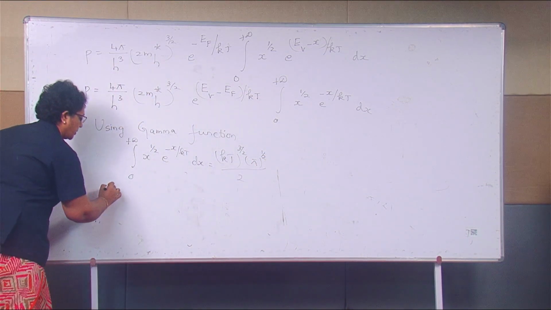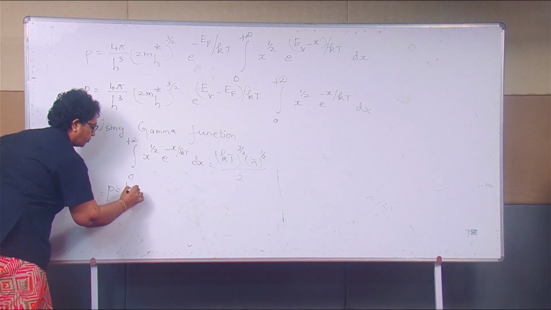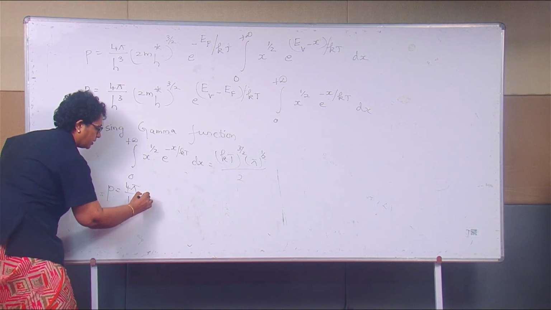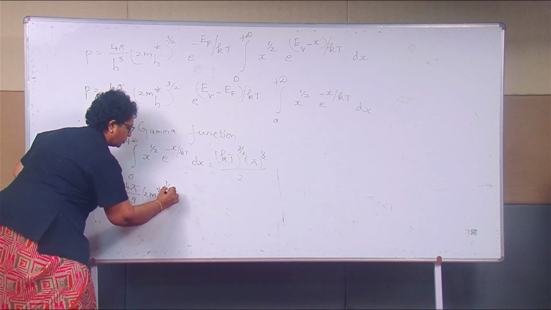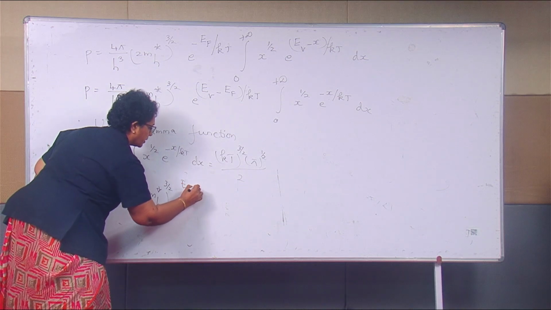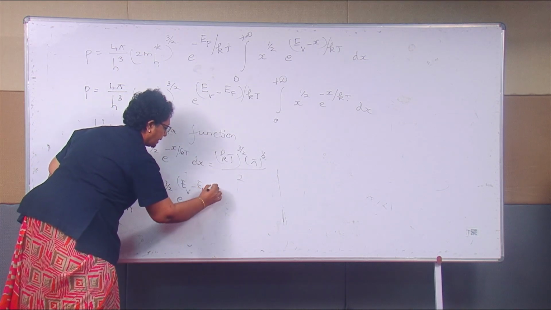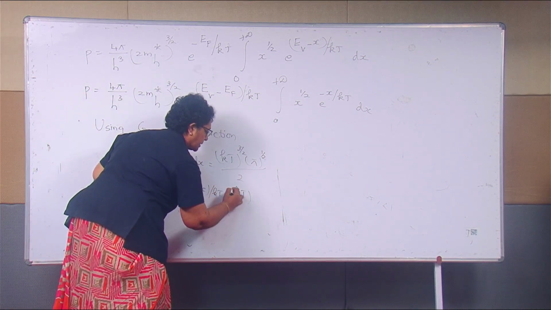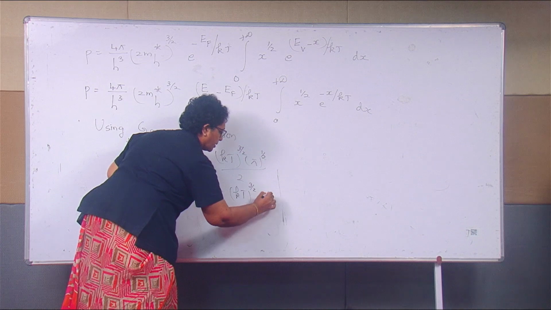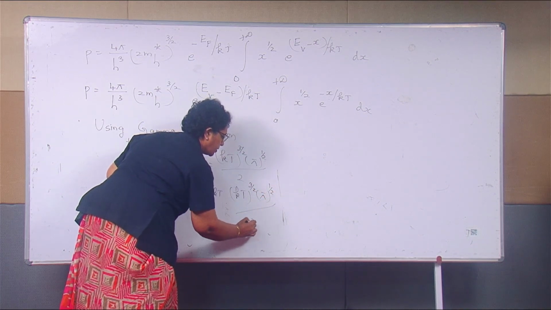Now by substituting and simplifying, 4 pi by h cube (2m h star) to the power 3 by 2 e to the power of (EV minus EF) by kT, and writing this gamma function pi to the power of half by 2.